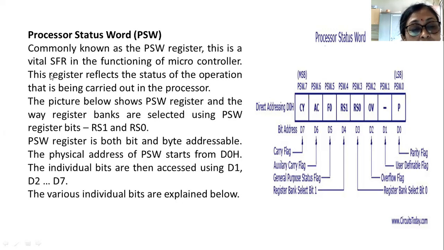That status is shown by this processor status word. It has 8 bits, and it is byte addressable as well as bit addressable. That means you can access the whole byte or a single bit. The direct address of the processor status word is D0 hexadecimal.